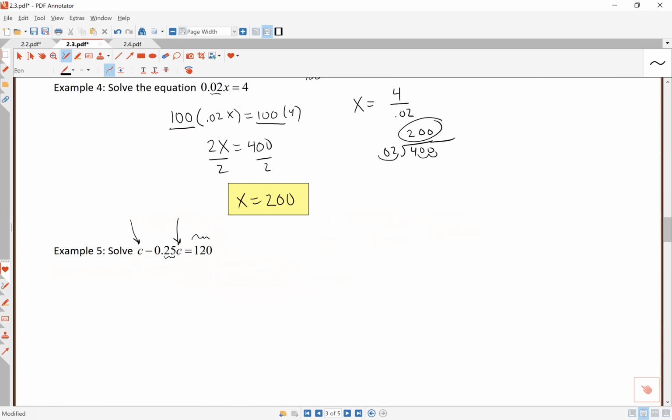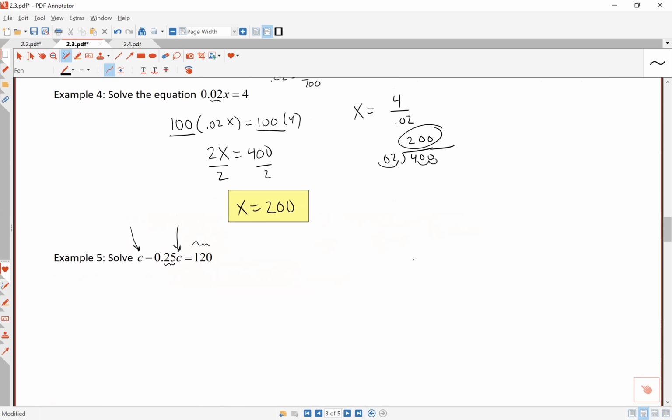With 2 decimal spaces, we're going to use 100 and multiply both sides by 100. So I'm going to multiply the C by 100, the 0.25C by 100, and the 120 by 100.